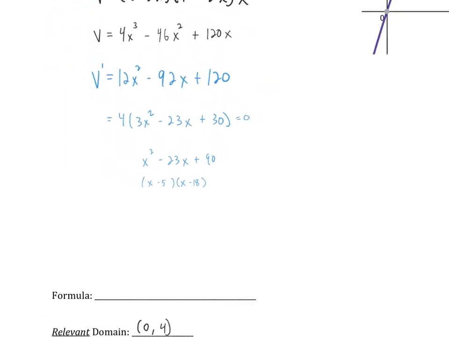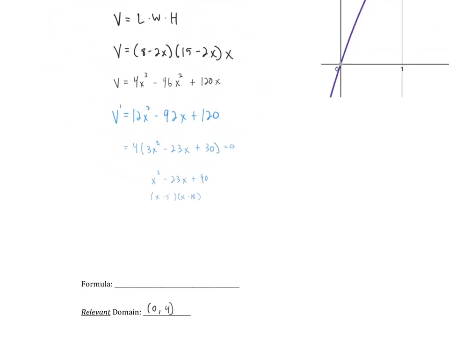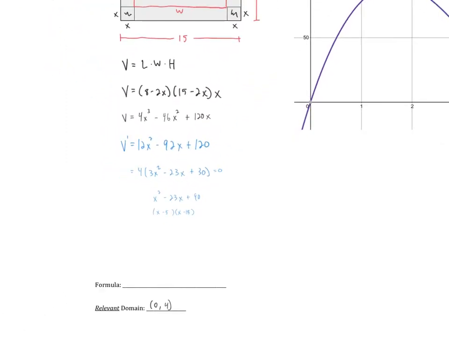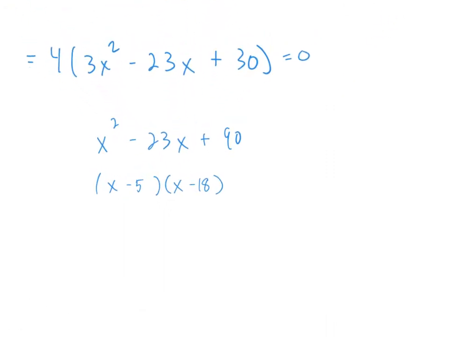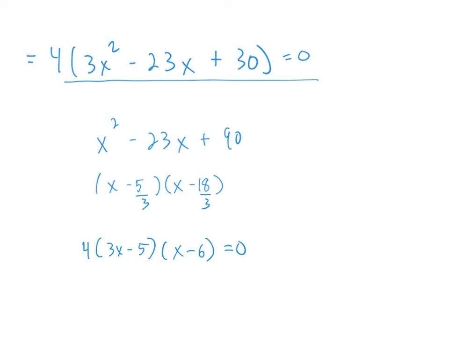And then I'm doing this divide and slide thing. I don't know if y'all have done this. So divide by 3, divide by 3. And then this is really 3x minus 5, x minus 6. That is the same as this.